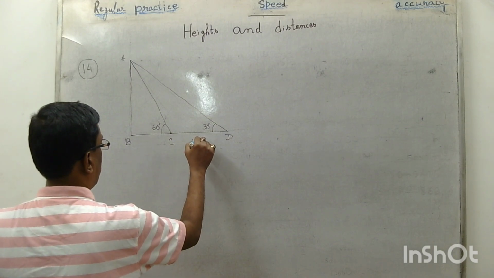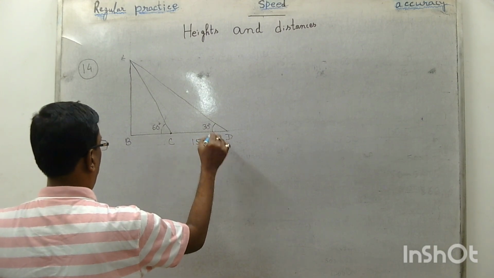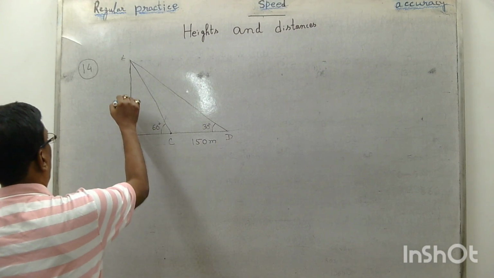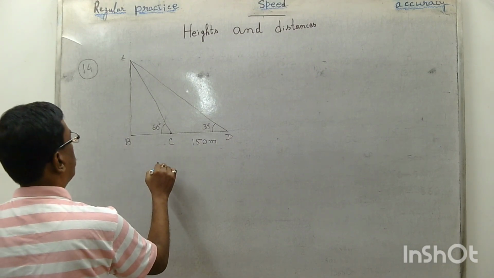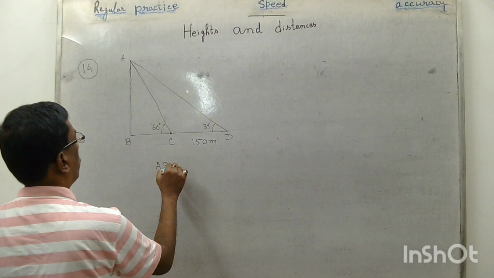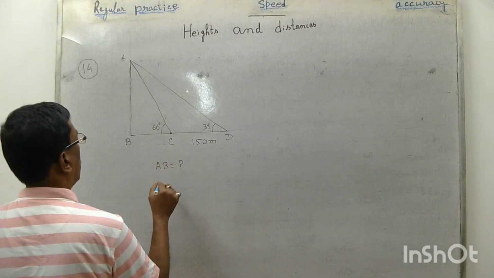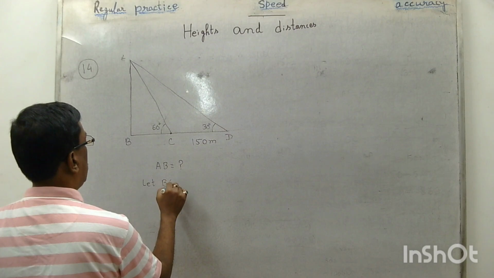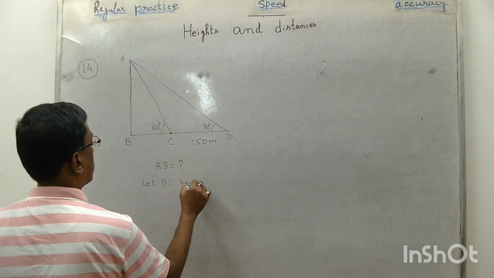Distance between CD is 150 meter. We have to find AB. Let BC be X.